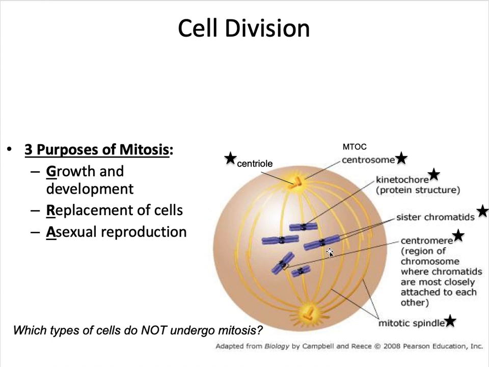Let's talk about some parts before we talk about the actual phases of mitosis. We talked about this before. This right here is a centrosome that is made up of two centrioles. You have one centrosome here, one centrosome here.